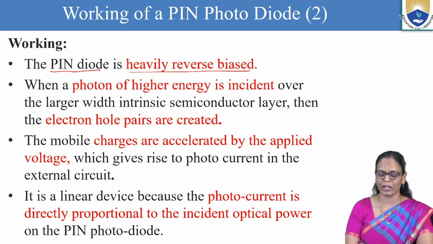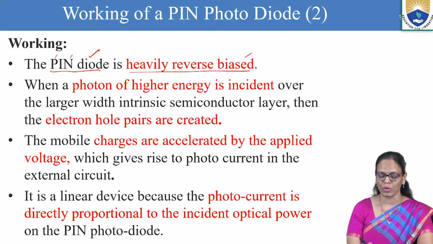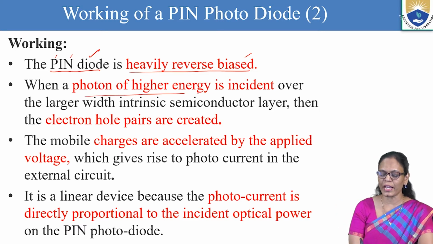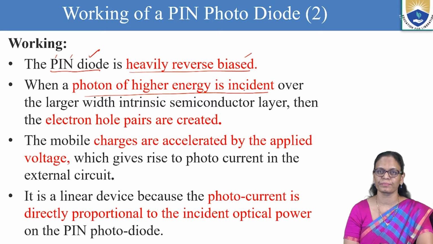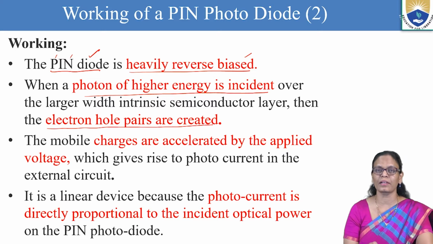In the PIN diode, P and N are heavily doped, I is lightly doped, but we have connected it in reverse bias, and with the reverse bias the width of the depletion layer goes on increasing. So when the width of the depletion layer is more and photons of high energy are incident on that region, what happens? Electron hole pairs are created.